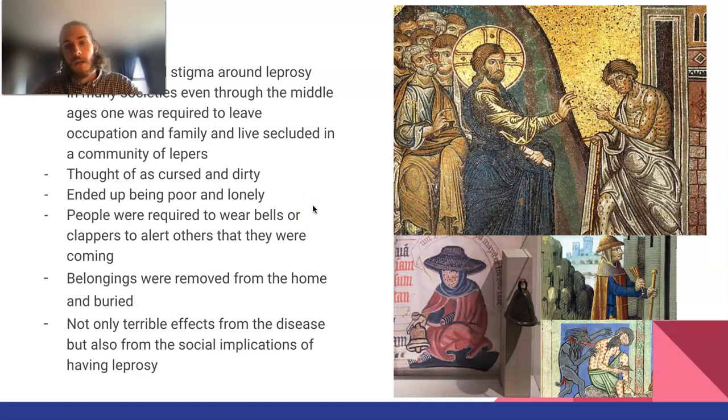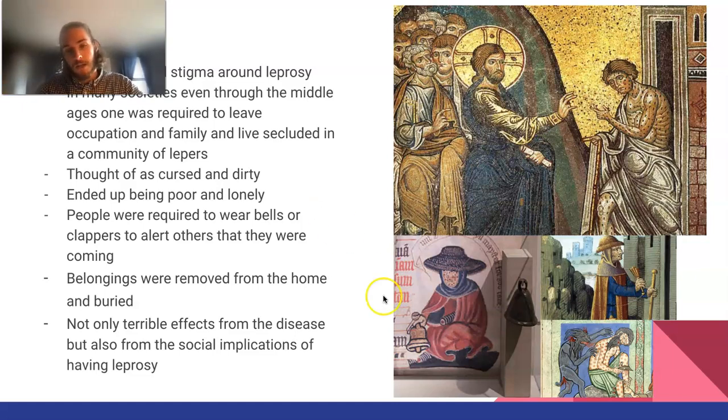Part of what historically made this disease so terrible was the social stigma surrounding leprosy. Basically, you're seen as cursed by God. You've done something to offend God, right? That was just how it was viewed. So these people are viewed as dirty, unclean, and they're ousted from society. This happens up through the Middle Ages, even later, where people are forced to leave their families, forced to leave their occupations, forced to go live in a community of lepers, away from society.